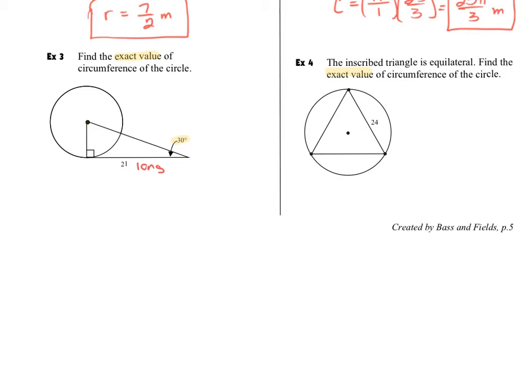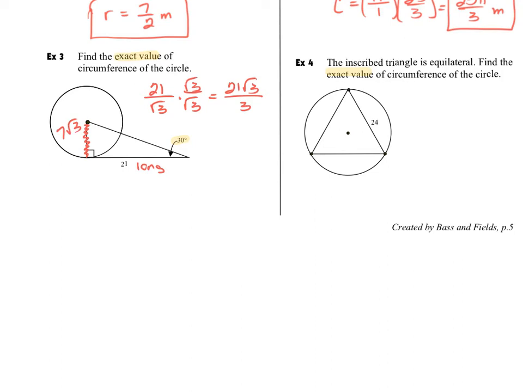So my radius of my circle is actually going to be my short leg. So I'm just going to take my 21, divide that by my radical 3. I'm pretty comfortable with this now because we've been doing this for a while. So I have this 21 radical 3 over 3, which means the radius of my circle is simply 7 radical 3.